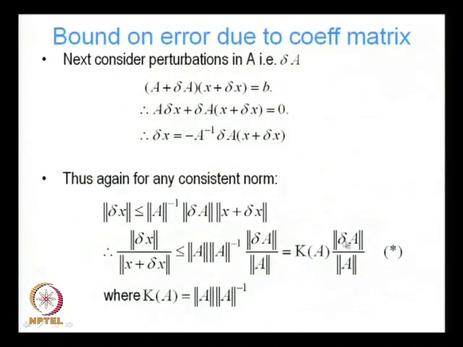So, this is very important, the condition number is the crucial factor. Even for small changes in A, when norm of delta A is small, my error is going to be large for a large condition number.